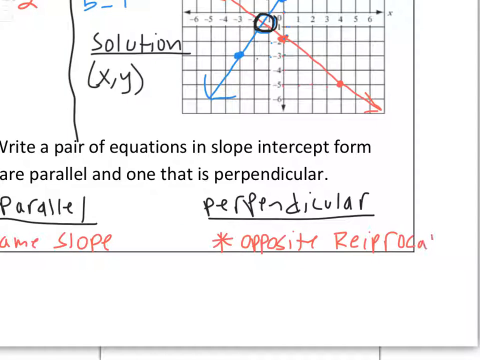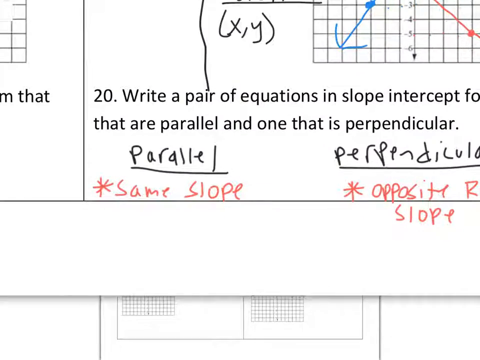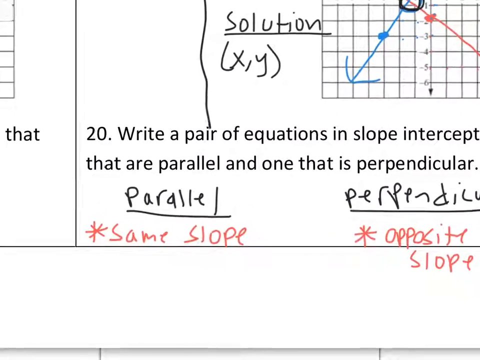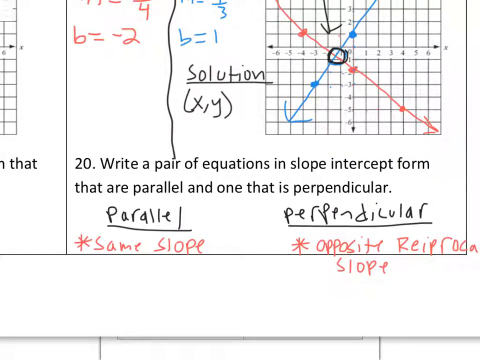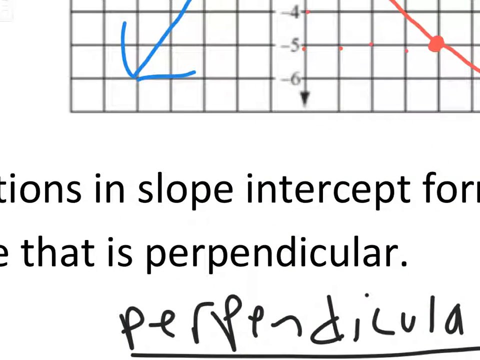Okay, so like I said, it might be beneficial for you to use a separate sheet of paper just so you have more room. All right, so parallel equation in slope-intercept form, remember that is y equals mx plus b. Okay, so if you want to write that right above here, that would probably be beneficial. Y equals mx plus b.